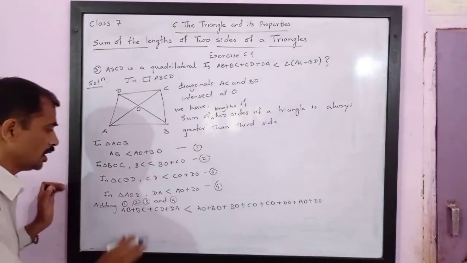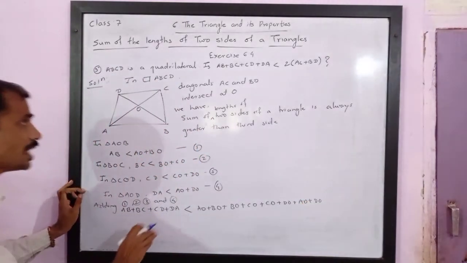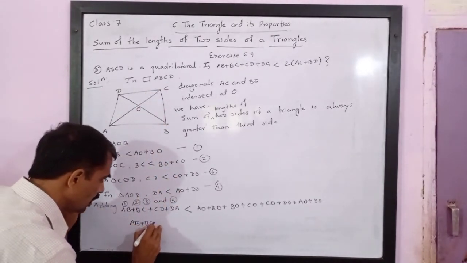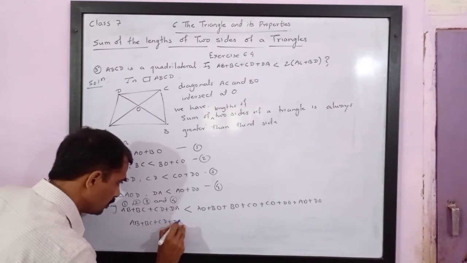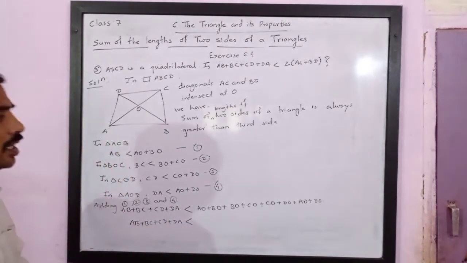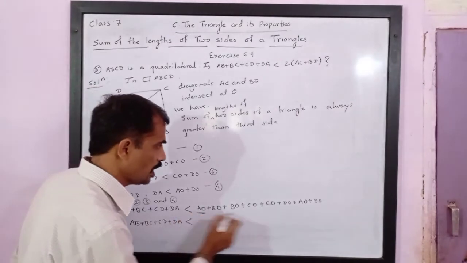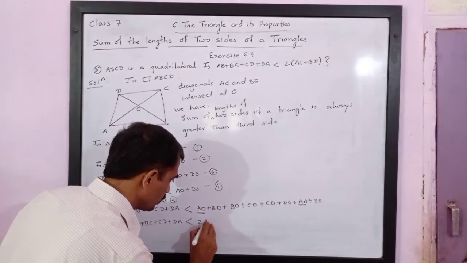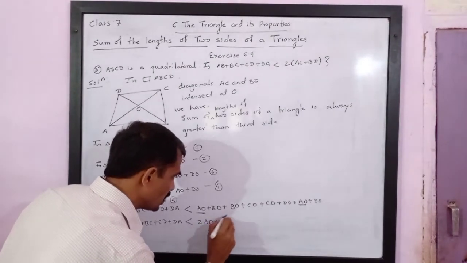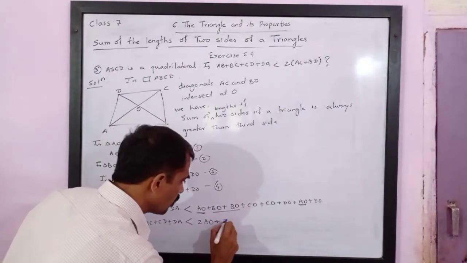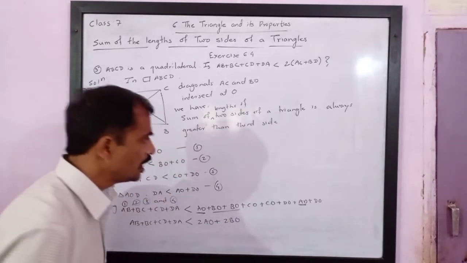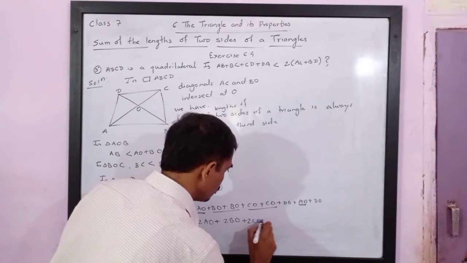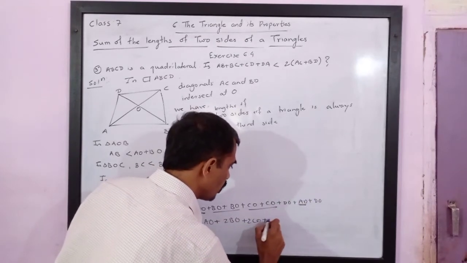Now watch carefully. The LHS remains as it is: AB plus BC plus CD plus DA is less than. This is AO and AO. AO plus AO is twice AO. BO plus BO is twice BO. CO plus CO is twice CO. DO plus DO is twice DO.